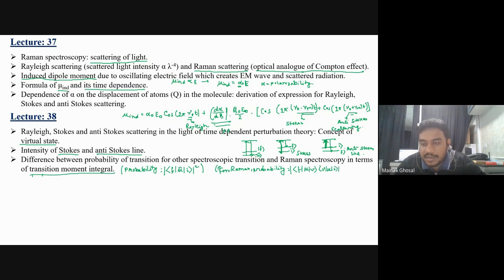So there was an involvement of the virtual state in this expression of the transition moment integral, or in the probability. So it is somewhat different from normal spectroscopic transitions.